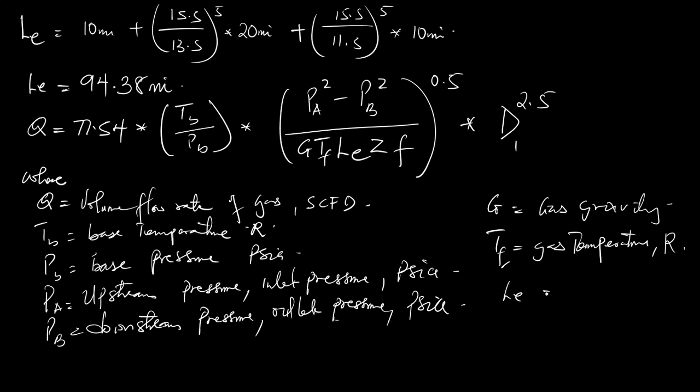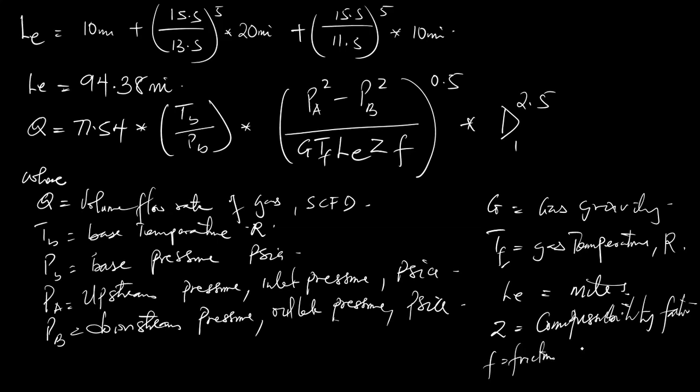You have the length of the pipe segment, the unit is in miles. Then you have the Z, which is the compressibility factor. You have F, which is the friction factor.